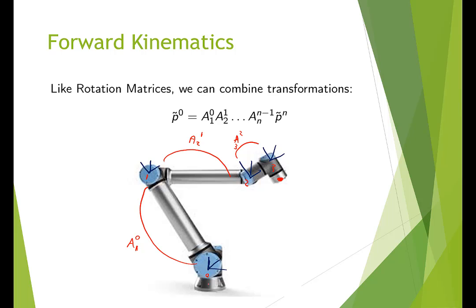Simply, if we have sensors here at joints that can measure the position of the end effector in the last frame, let's call this P3, by multiplying P3 with all the homogeneous transformations that we have calculated, we can find the position of end effector with respect to a fixed global frame. This would be a forward kinematics of the robot.